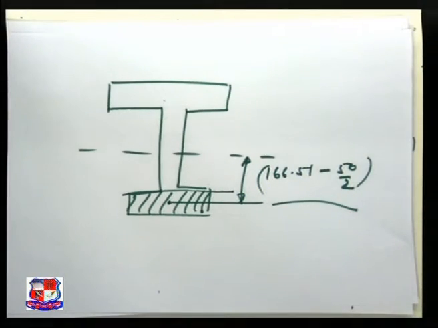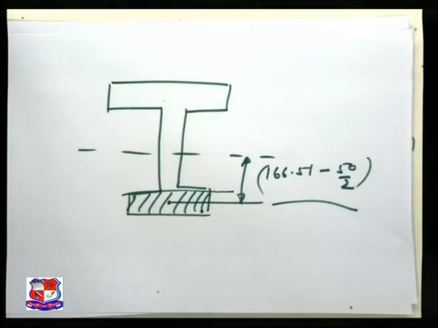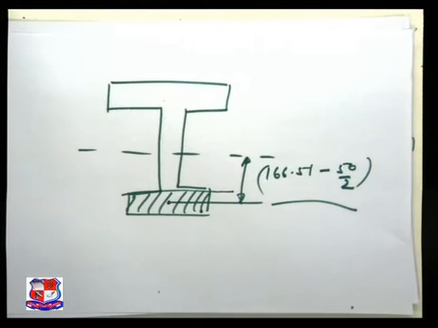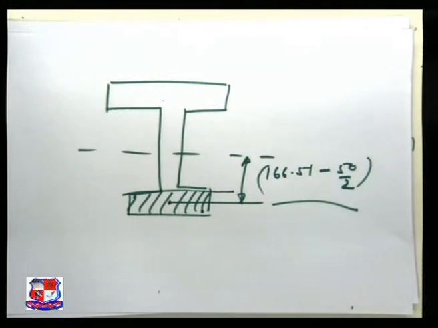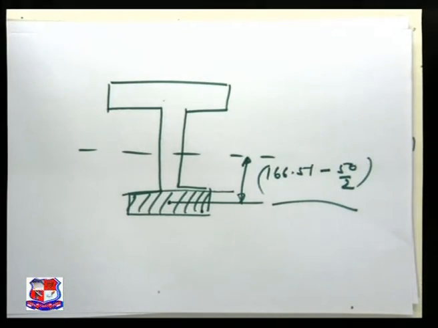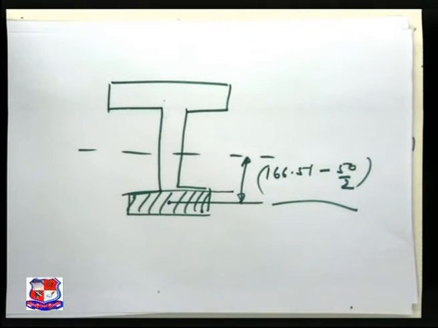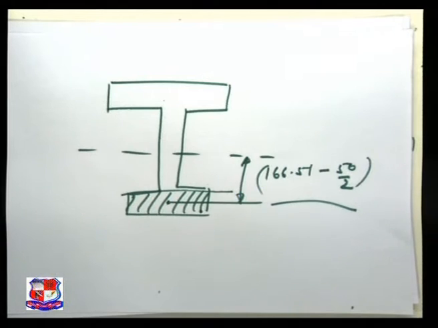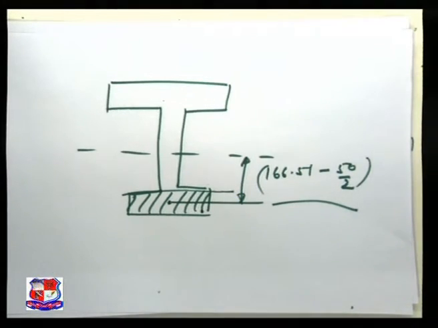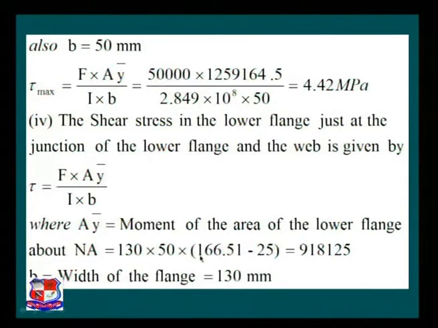The same thing has been adopted over here. Please look at this PPT. b is equal to 130 mm, the width available at the junction of the web and the flange. It is this one, b is the width of the flange.